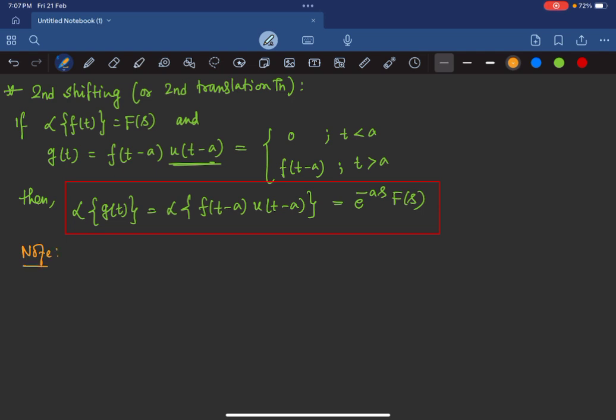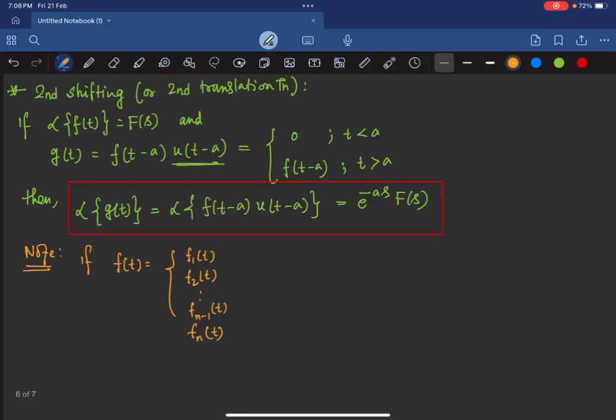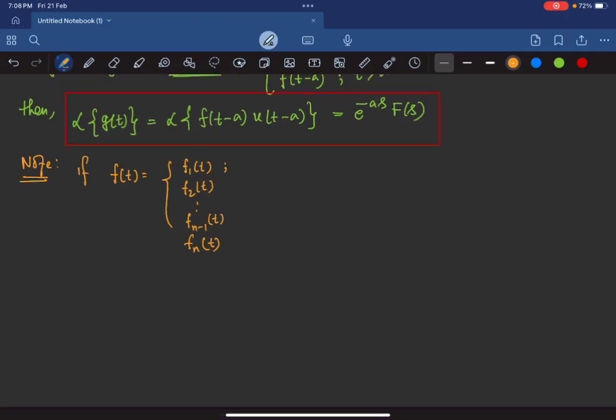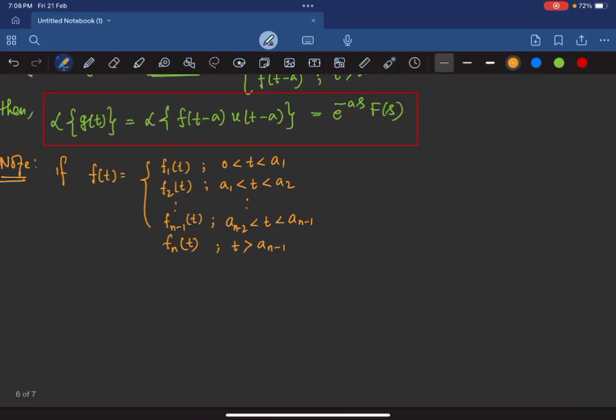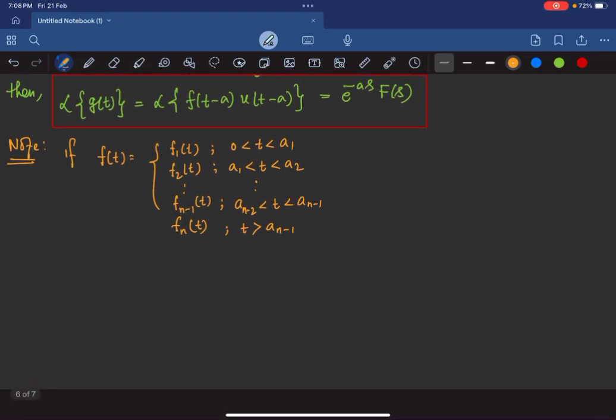Here you can write the note: if f(t) is given as, suppose, f1(t), f2(t), like this, f(n minus 1)(t), fn(t), with intervals like this: for 0 less than t less than a1, for a1 less than t less than a2, like this, a(n minus 2) less than t less than a(n minus 1), and for t greater than a(n minus 1). Suppose this type of setup you have.